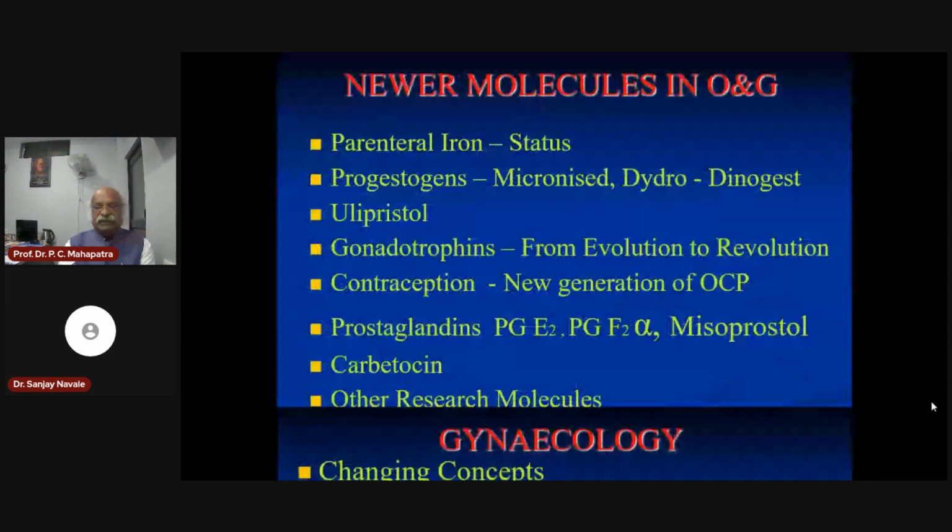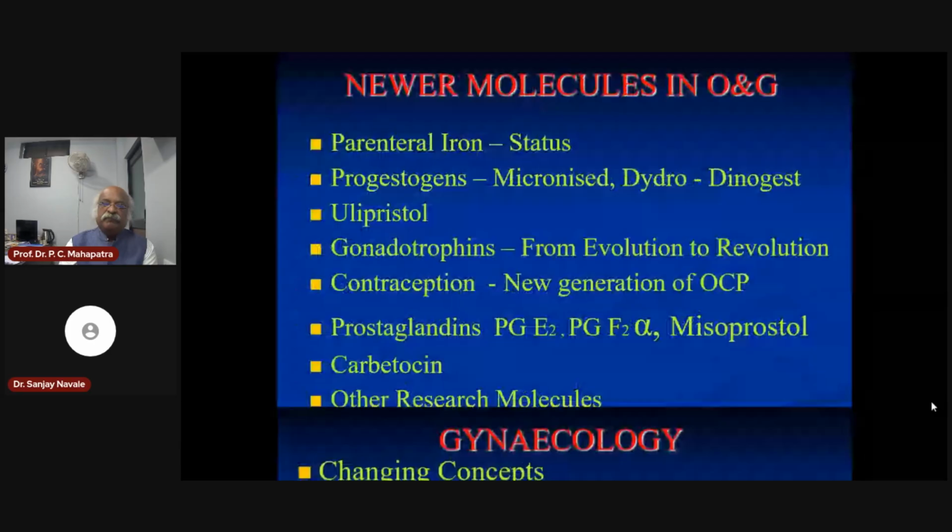Not only is it safer, but in terms of efficacy, a single dose of about 1000 to 1500 milligrams at a time can be given without any toxic results. This has become very unique, particularly for prophylaxis as well as for therapy, starting from adolescence to pregnancy, postpartum and perioperative use.